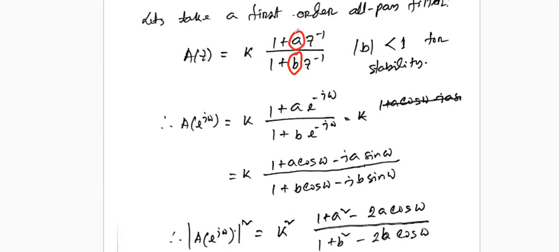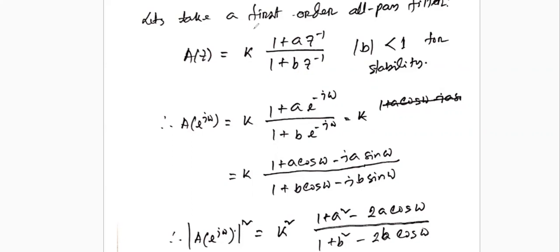The zero can be anywhere, but the pole should be inside the unit circle for a causal stable system. So for stability, we always think that our system is a causal system. In that case, for stability, b should be less than 1.